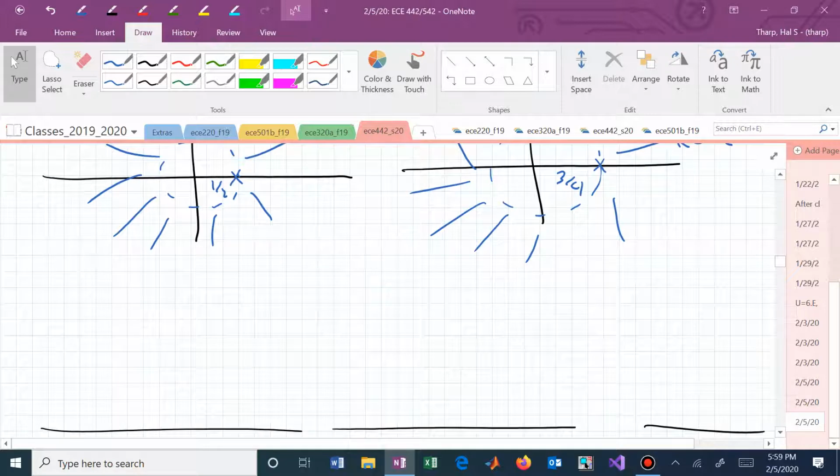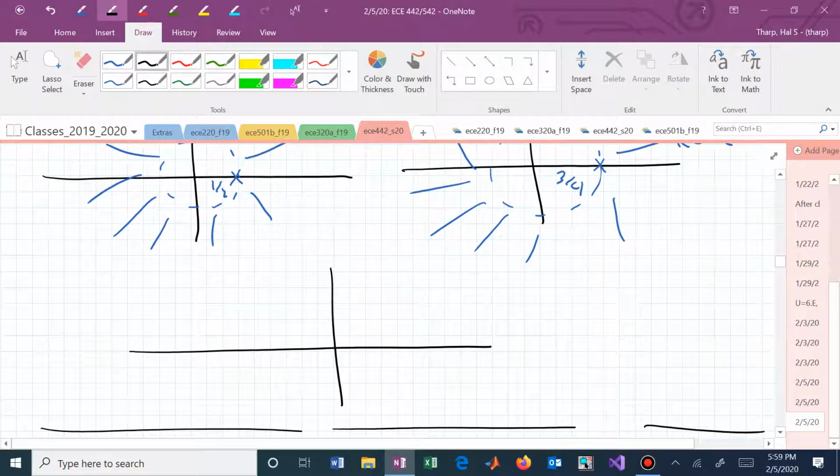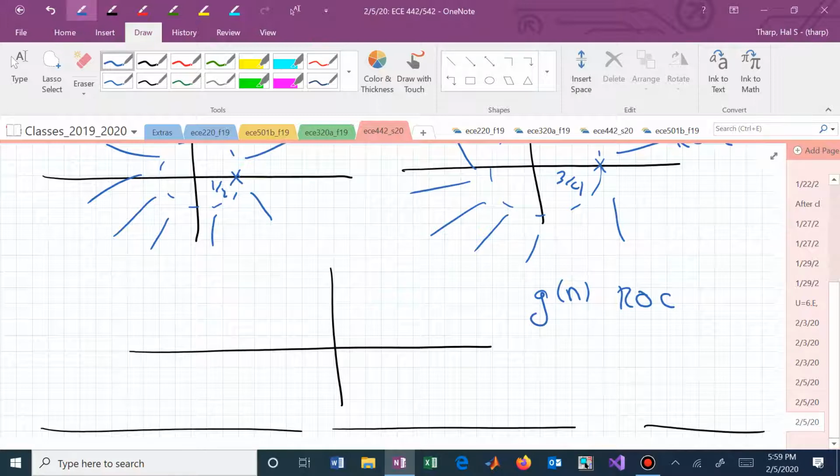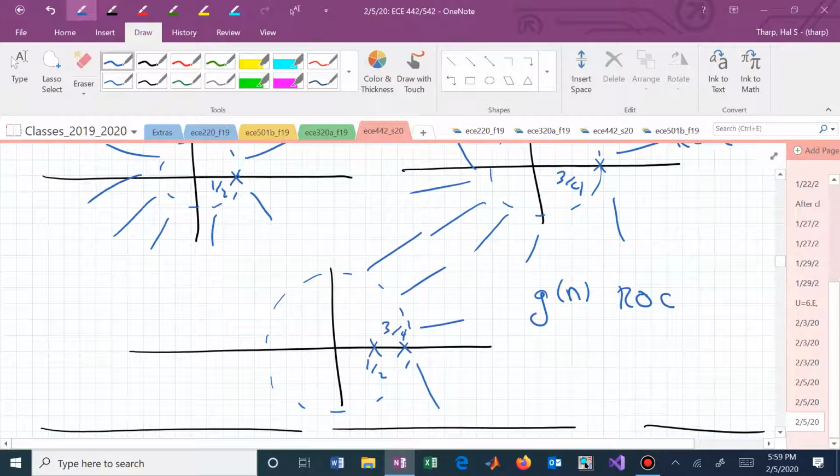So the region of convergence for g of n: there's the 1/2, there's the 3/4, it's now right there. In that case, your region of convergence is consistent with one, but not the other, of the two that you started with.